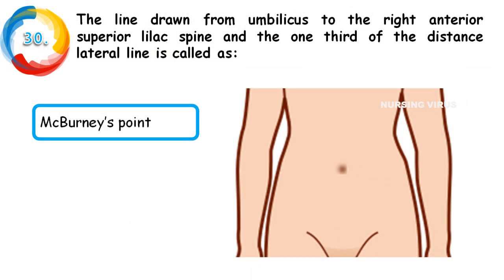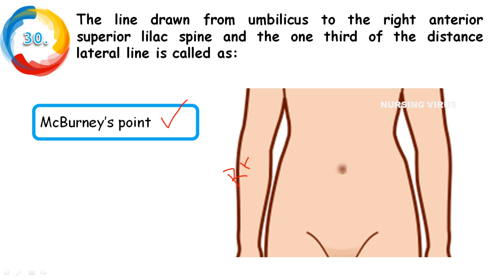And question number 13. The line drawn from the umbilicus to the right anterior superior iliac spine, and 1/3 of the distance lateral, the line is called as. So the answer I am giving directly, that is McBurney point. How we need to measure: this is the umbilicus area and this is the right side of the patient.